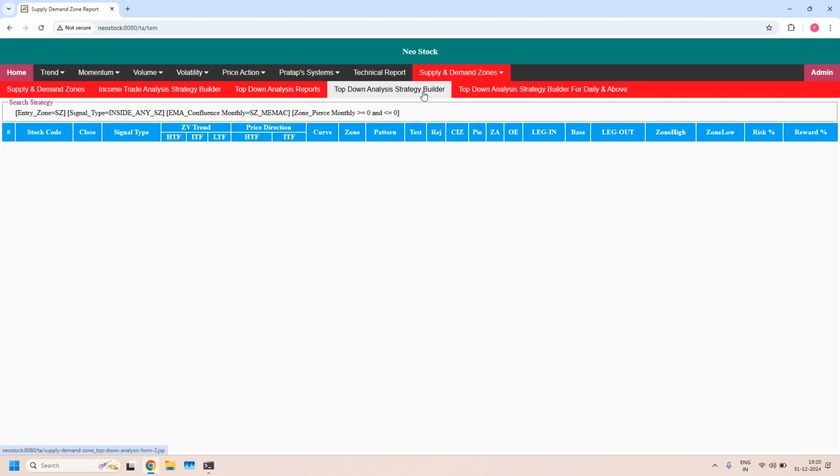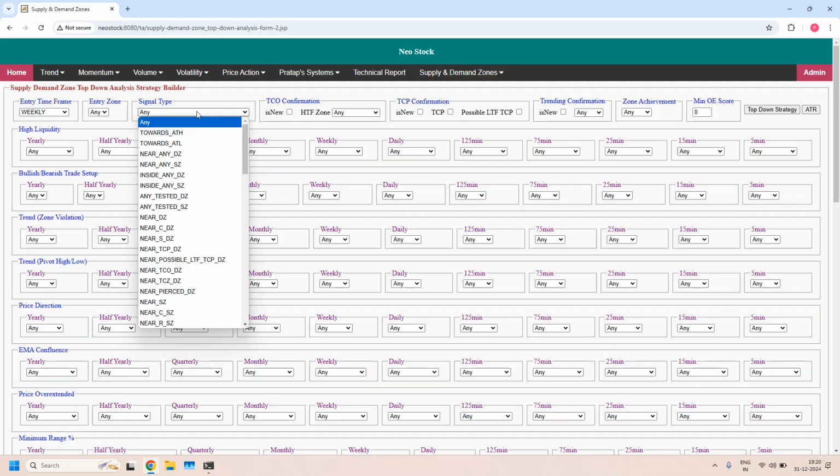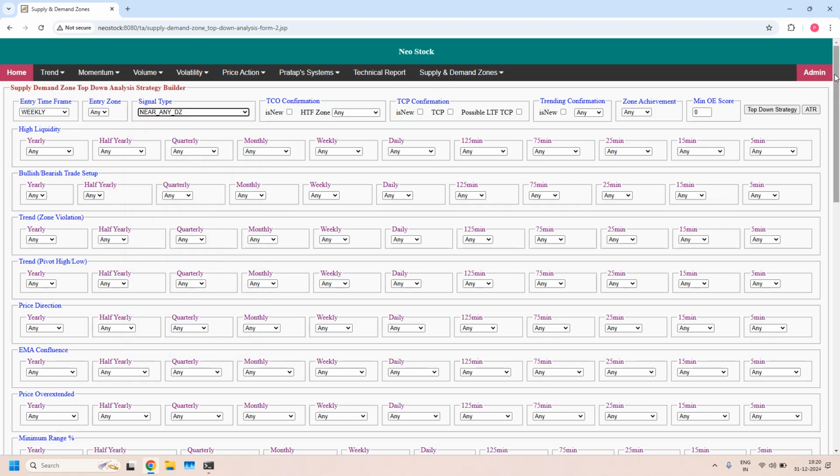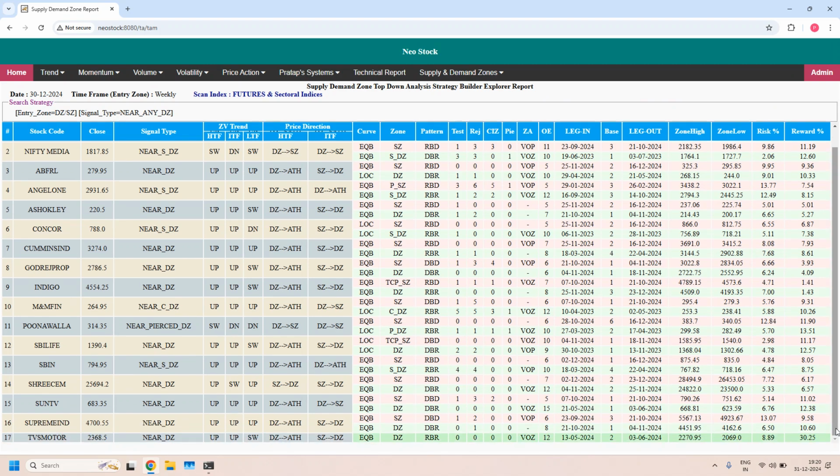Okay, next time frame is weekly. Stocks near weekly demand zone. 17 stocks are filtered. First 15 stocks in the list. I am scrolling the list down. So total 17 stocks are filtered.